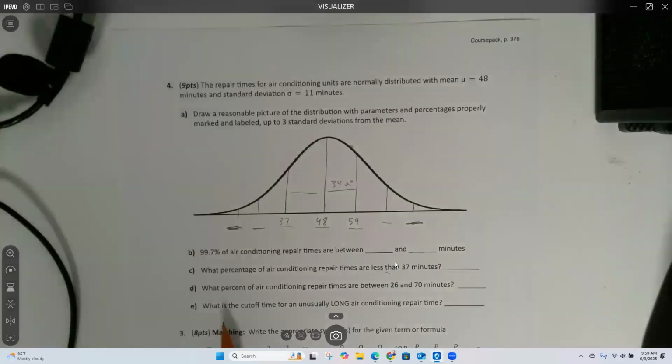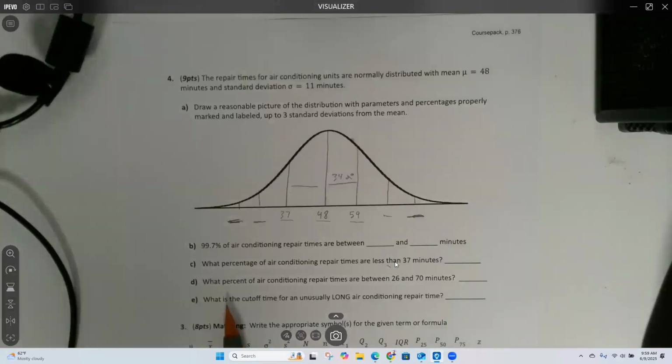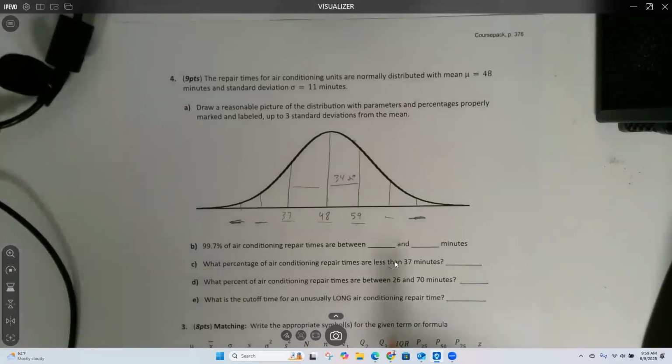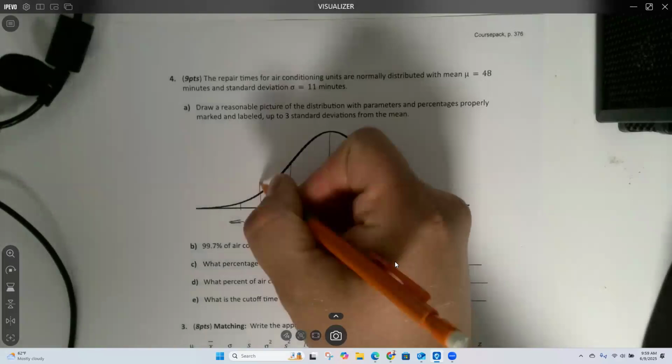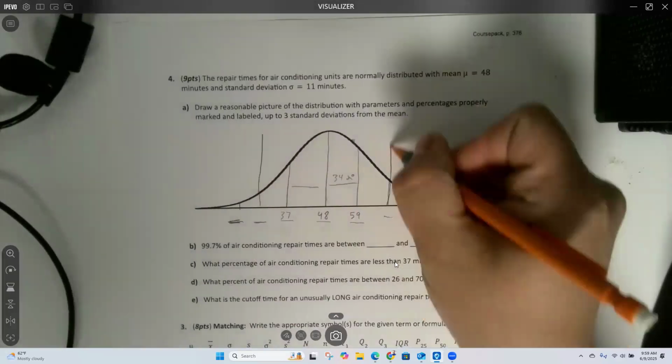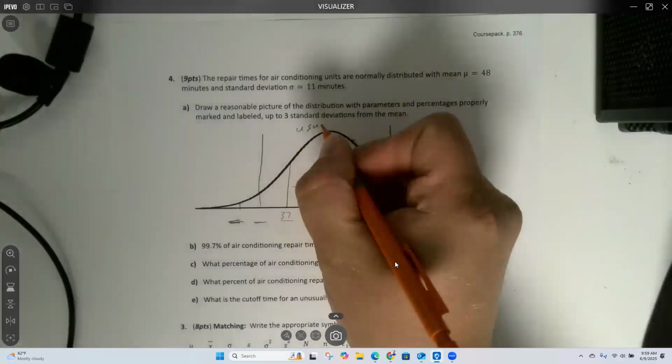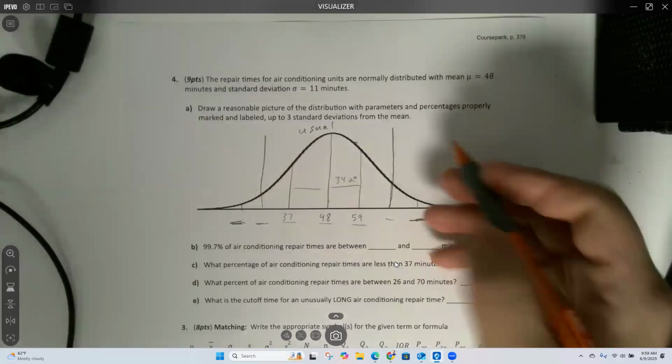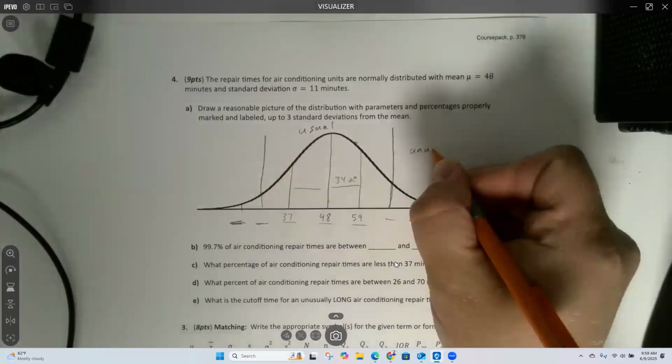All right. What is the cutoff for an unusually long air conditioning repair time? Generally we consider 2 standard deviations to be usual, and anything outside of that is unusual.